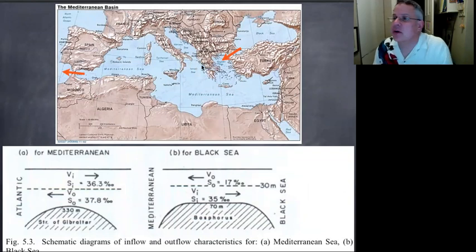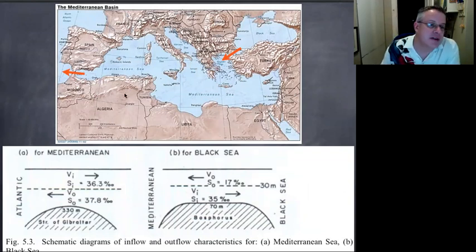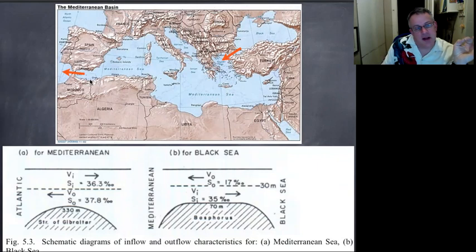Here's a nice example of the Mediterranean as one big estuary, or the Black Sea as one smaller estuary. The Black Sea has a few rivers coming in on this side. The Mediterranean has both rivers and the Black Sea outflow, and of course evaporation and precipitation. But now we're going to look at some real numbers.